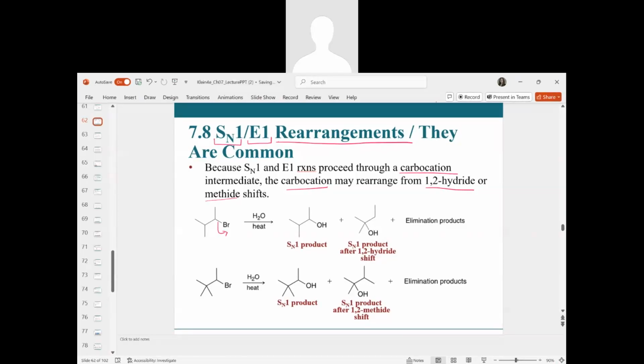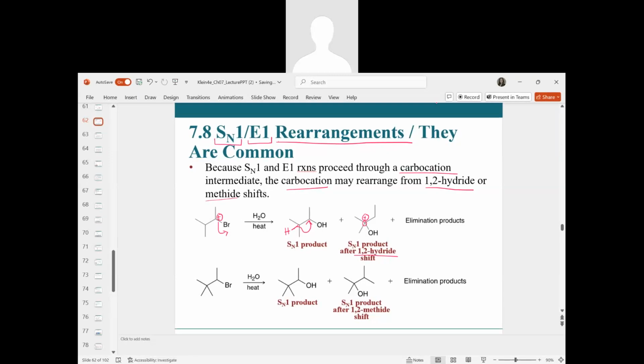For example, we have our leaving group here, and we would generate a carbocation at this site here. If a 1,2 hydride shift occurs, the hydrogen here can shift over to where that carbocation was, and then our second product can be generated. Now our carbocation would be at this tertiary site, rather than previously at a secondary site.